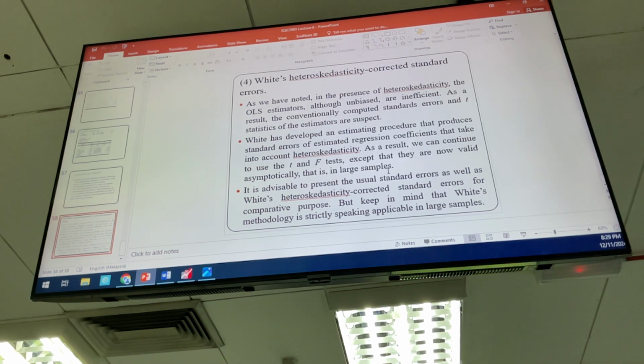When we talk about large sample size, normally it refers to the number of observations, but for this one you should aim to have larger. If you want to use this one, try to have a larger sample size. That's why last week I mentioned to you, for your group assignment, try to have at least 50 observations.